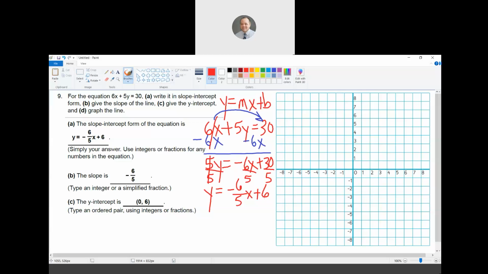Now that our equation is in slope-intercept form, we can easily identify the slope and the y-intercept. Your slope is your number in front of the x, so that's negative 6 over 5. And the number that occupies the b is your y-intercept.